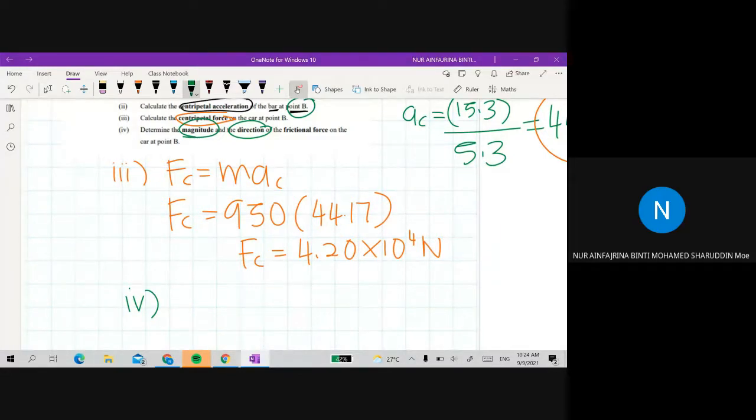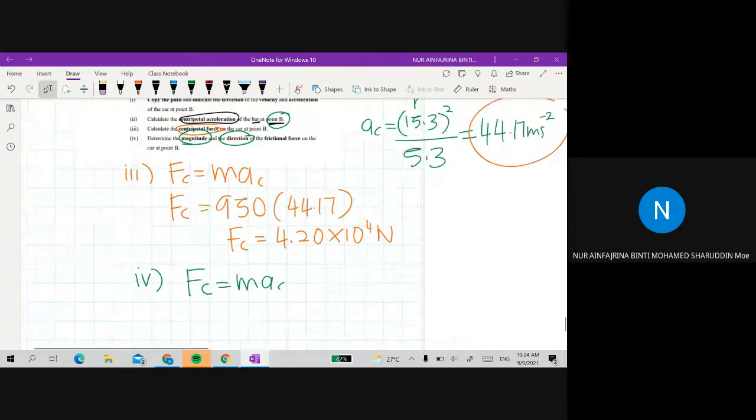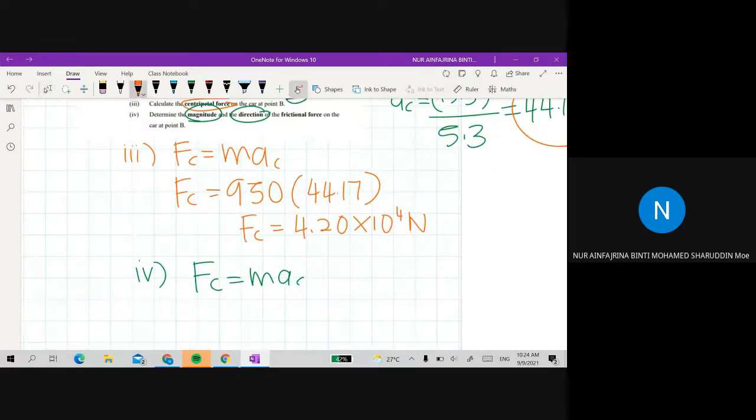Okay, sekarang dia cakap determine the magnitude and direction of the frictional force on the car at point B. Kita tahu centripetal force equals to mass darab dengan centripetal acceleration. And then sekarang objek ini moving in horizontal circular motion. Therefore, summation of force in x component sama dengan mass darab dengan centripetal acceleration.